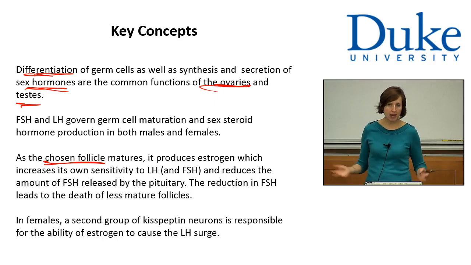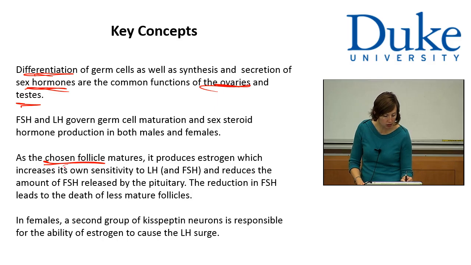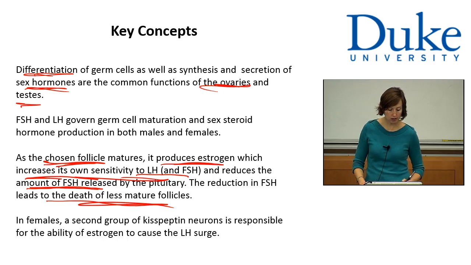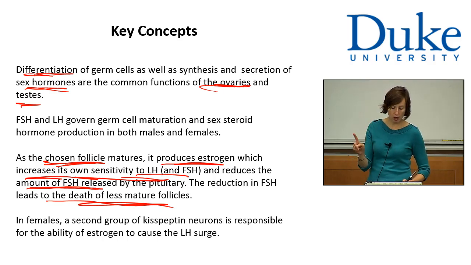There are going to be many, many follicles that die for every one that makes it through ovulation. The chosen follicle is going to make it because it produces estrogen. That's going to increase its own sensitivity to LH and FSH and reduce the amount of FSH that's going to kill the less mature follicles, leading to usually just one chosen follicle each cycle.